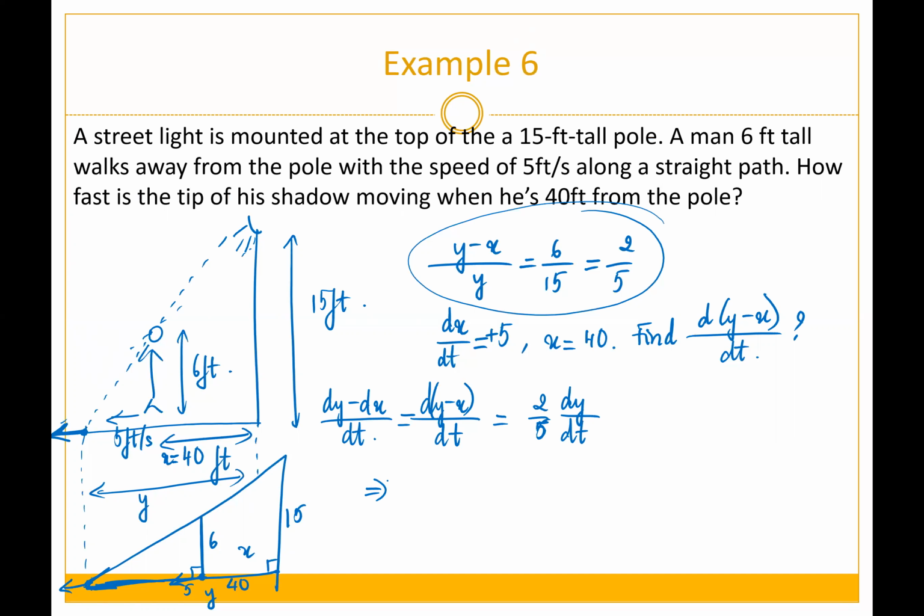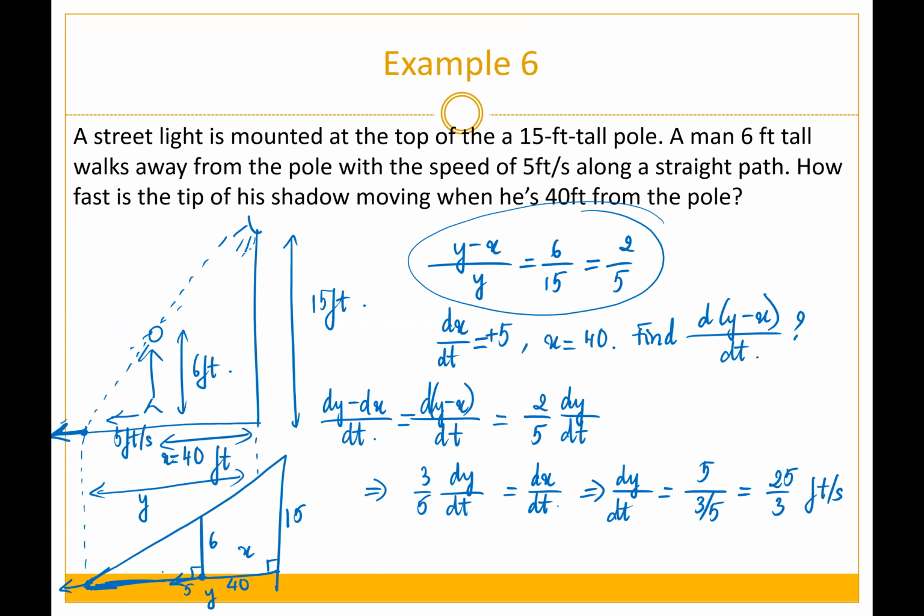So you can resolve it here. You have 3 over 5 dy over dt is going to equal dx over dt, just doing the algebra between these two. Or you're going to have dy over dt equal to 5 divided by 3/5, which is 25 over 3 feet per second. So the entire thing is moving forward with this speed.